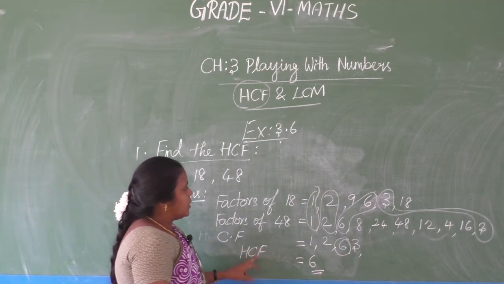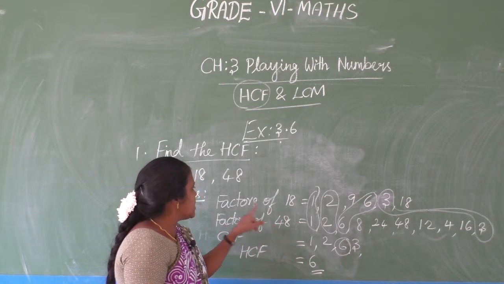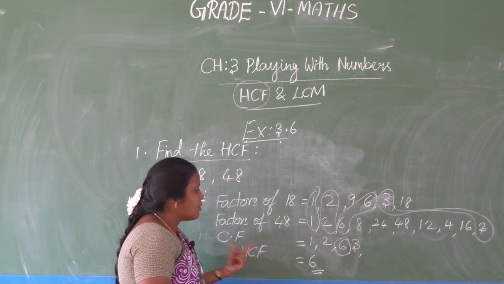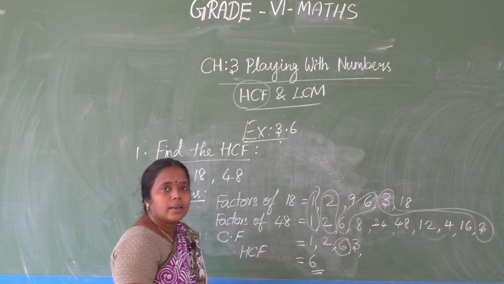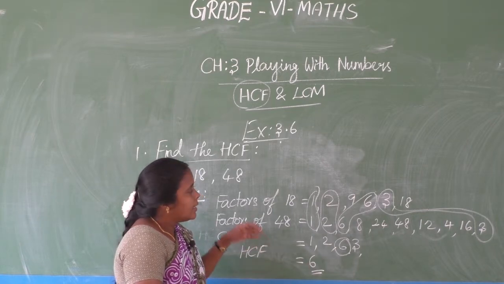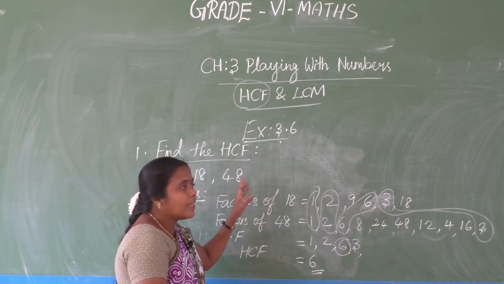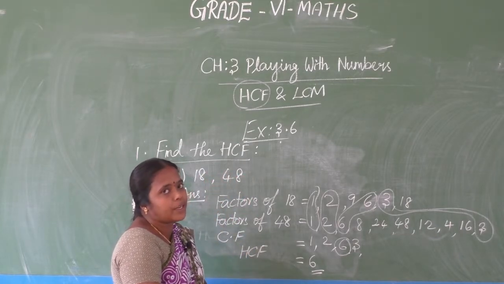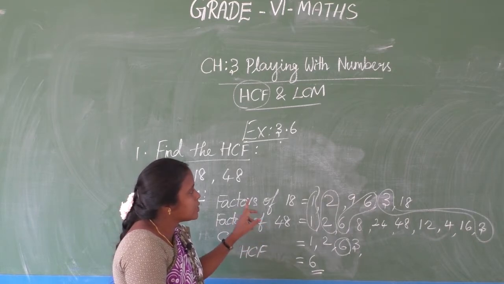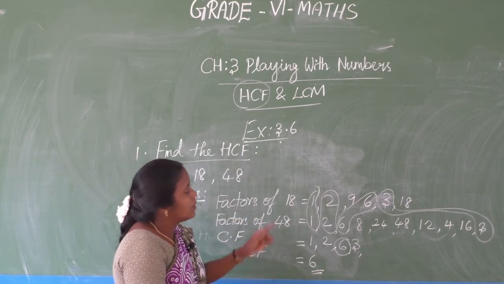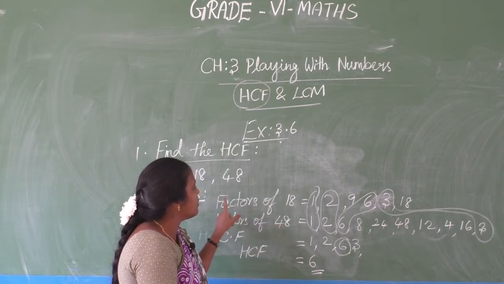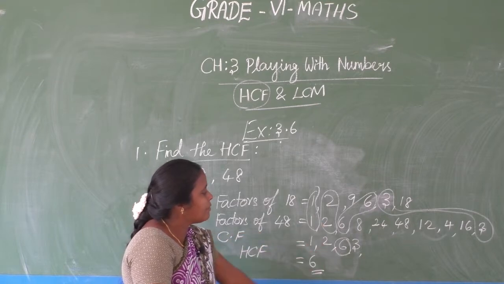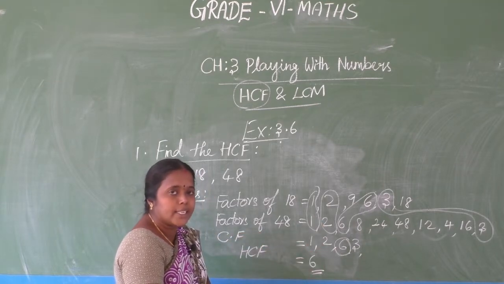See, this is one method: writing all the factors of the given numbers, then picking up the common factors, and from that selecting the highest common factor. Otherwise, we can find the prime factors of the given numbers and from that find the HCF. Here we have written all the factors of the given numbers, picked the common factors and then selected the highest common factor.